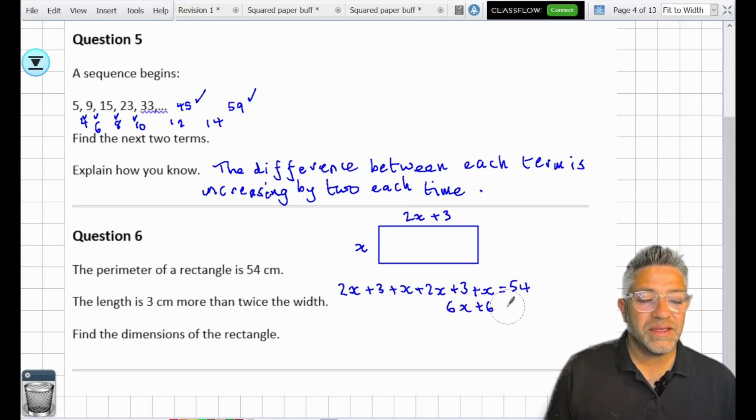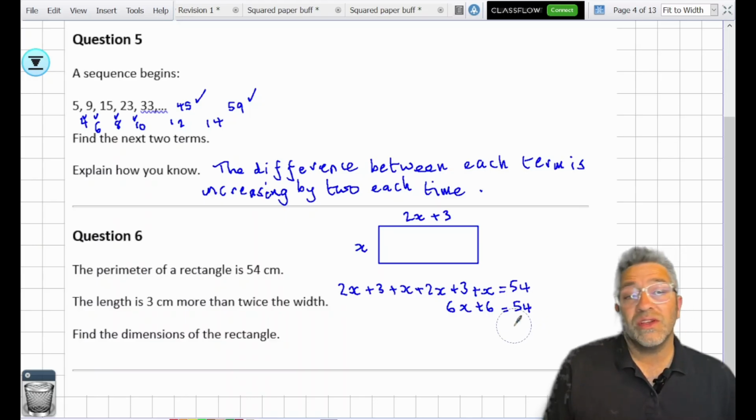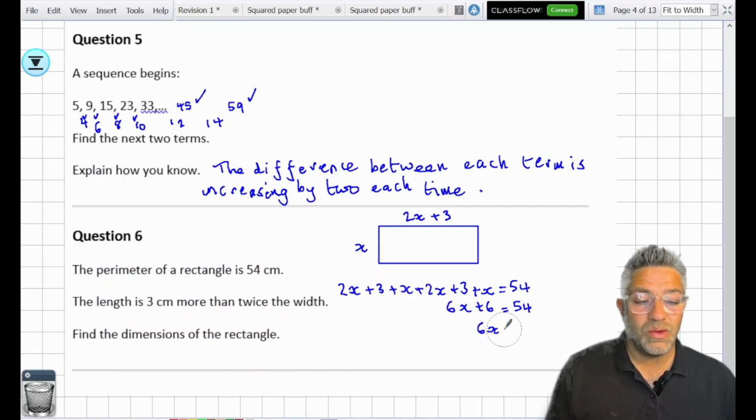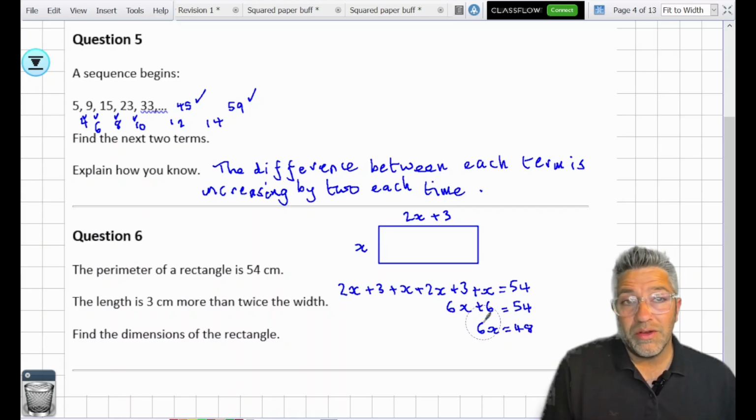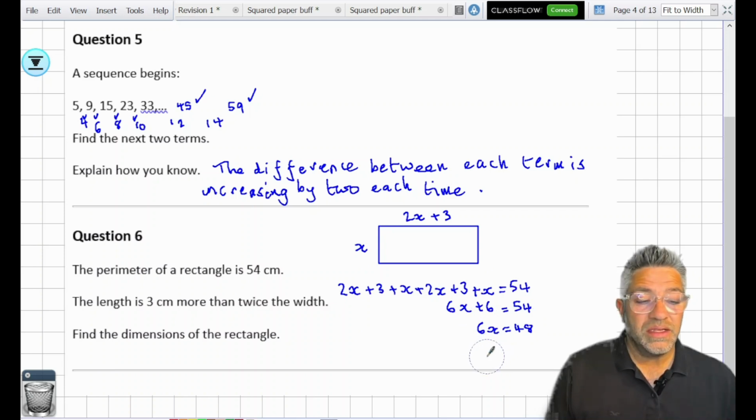Now, if we collect our like terms and simplify the expression, in actual fact, we have 6x add 6 equals 54. And we are now looking to solve a two-step equation. So the inverse of plus 6 is to subtract 6, and we must balance that equation. Again, this should be a topic really quite familiar with you from your prior knowledge, your previous learning. 6x equals 48, x equals 8.